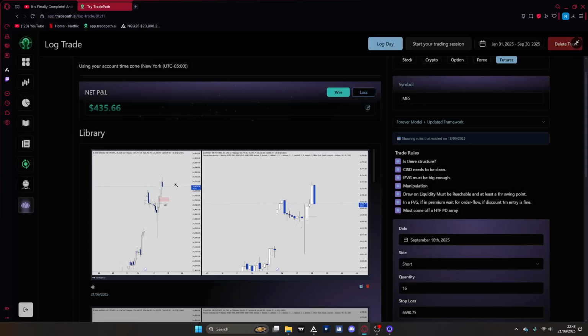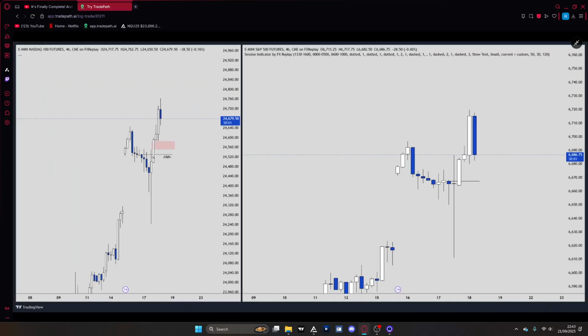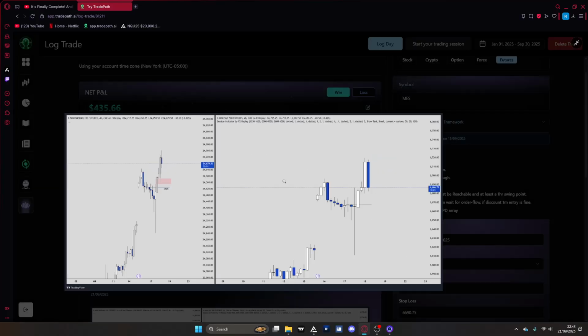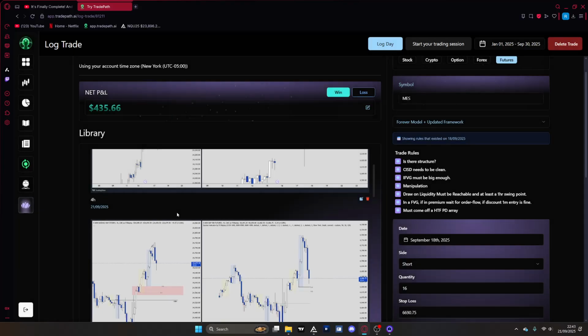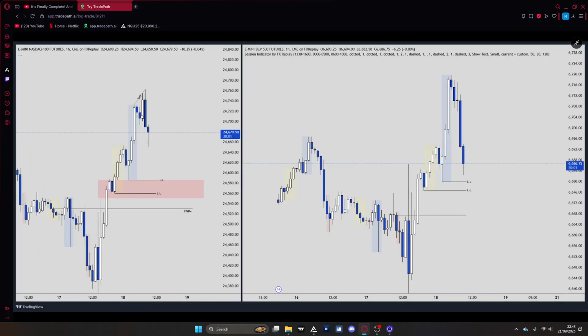Going into the day, what I saw was a 4 hour BISI, and no BISI on ES, and the 1 hour going low to the 1 hour. We had a 1 hour change in state. We had this London low and Asia low on both ES and NQ, and we also have SMT at these highs.